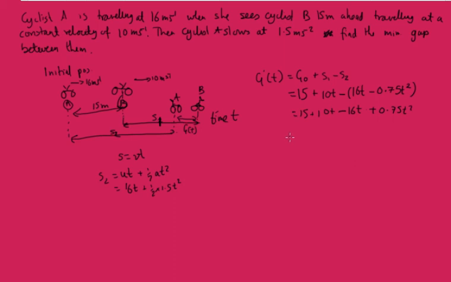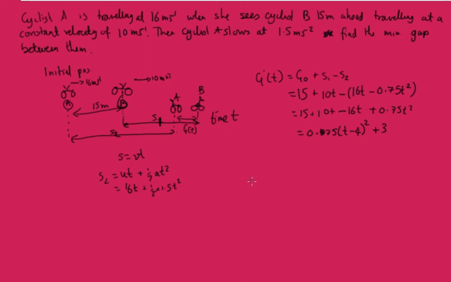We're going to gather terms, and then we're going to complete the square to get 0.75 (t minus 4) squared plus 3.